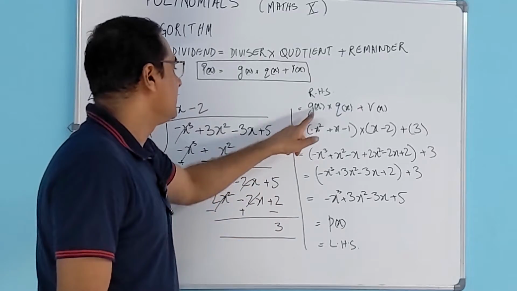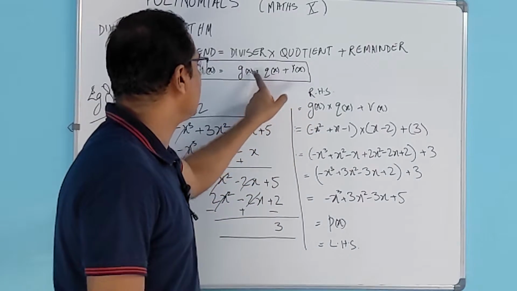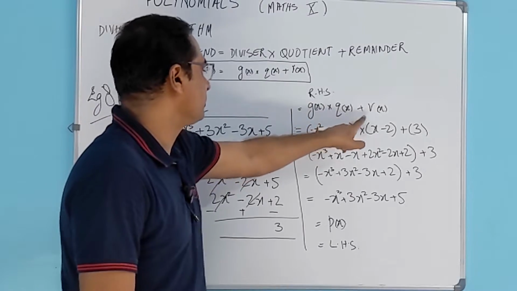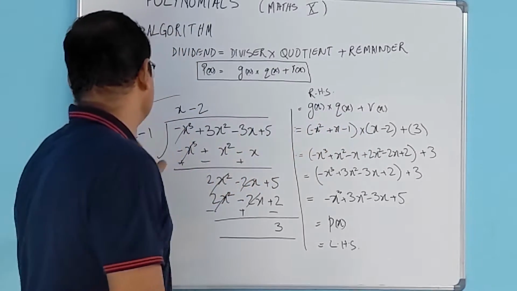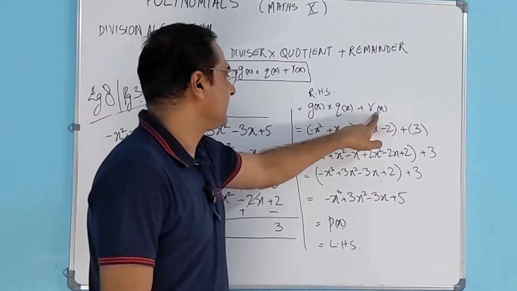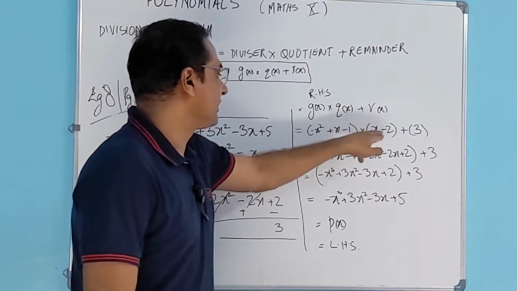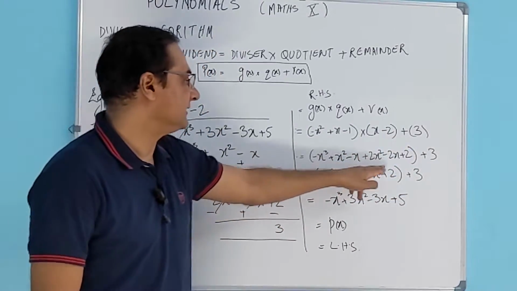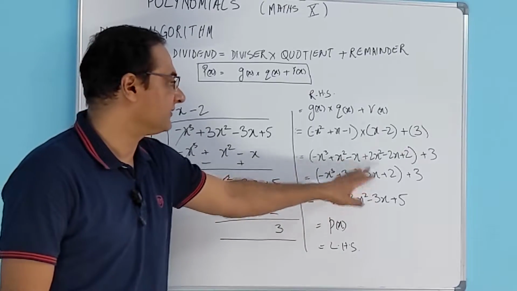So what do we write? The right hand side, which is gx into qx plus rx. We put the value of gx, which is the divisor. We put the value of qx, which is the quotient. Then we put the value of rx, which is the remainder. So putting all these values here, we keep on solving that. Finally, what do we get once we solve this?